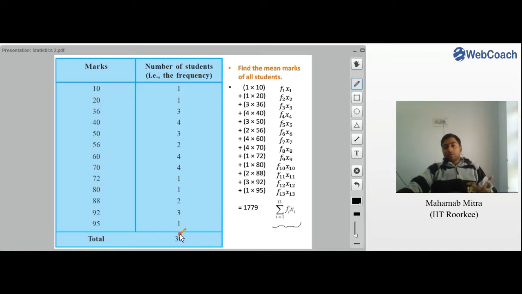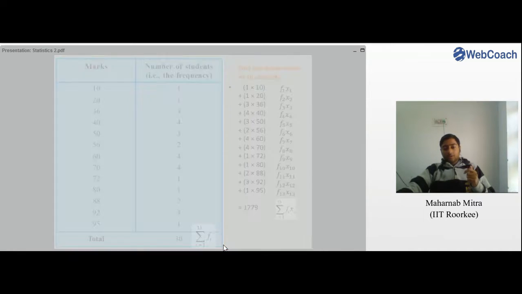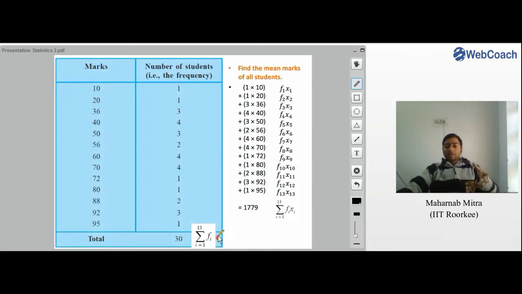And to find out the total number of observations present, we will find out the sum of all the frequencies, or the sum of the number of times every number appears. So how to write this? It is nothing but the sum of all fi, right? This was f1, f2, f3 and so on, and their sum will be f1 plus f2 plus f3 plus f4 and so on up till f13.